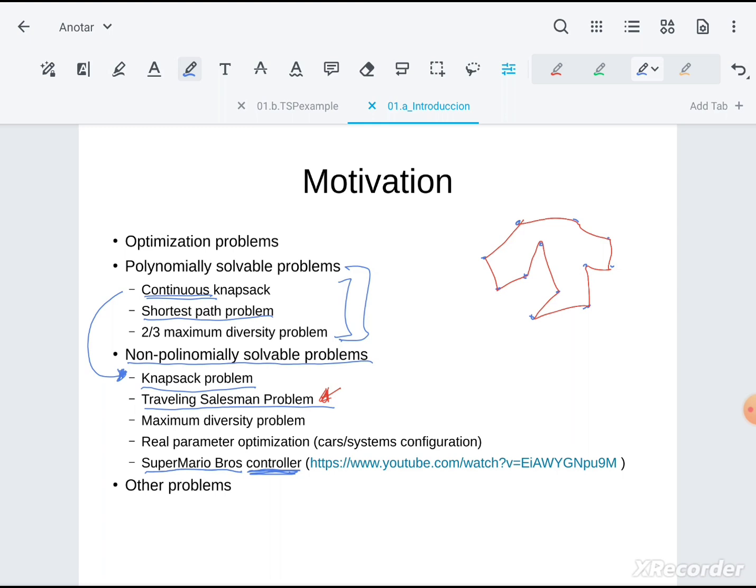Obviously, it should not crash into other planes and so on. Here you have a video of one controller of Super Mario Bros, which is quite interesting, and is produced by a genetic algorithm, which is a metaheuristic.